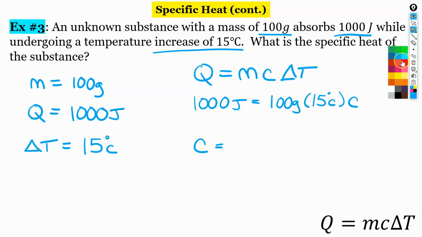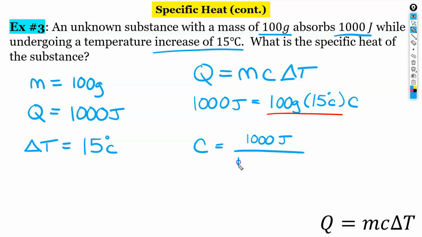We're going to move our 100 and our 15 to the other side. So our equation is going to look like this. We'll have 1,000 joules over 100 grams times 15 degrees Celsius. And when we put this in our calculator, we get an answer of 0.67 joules over grams degrees Celsius.